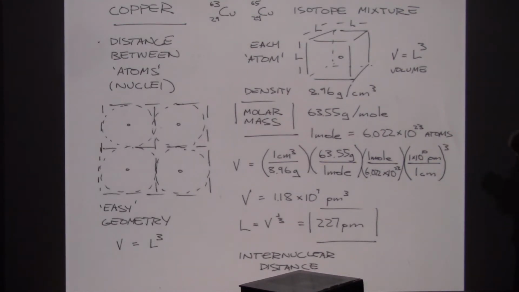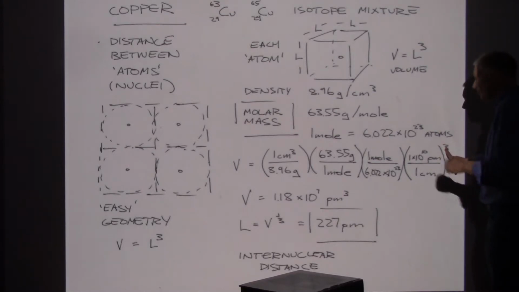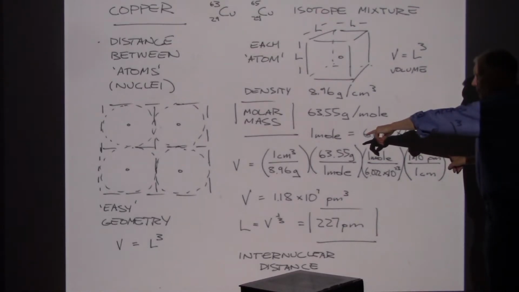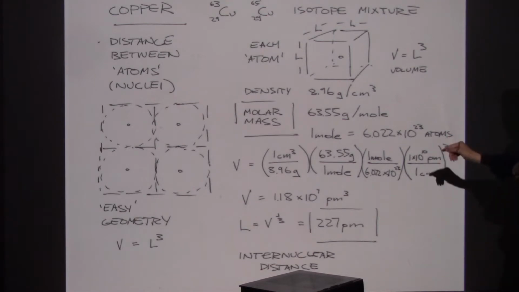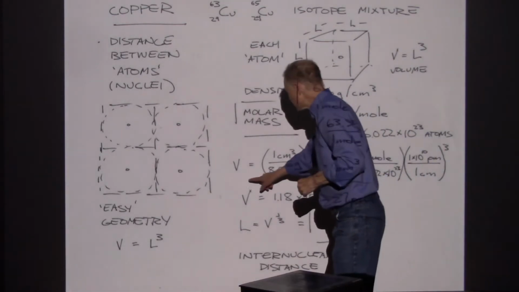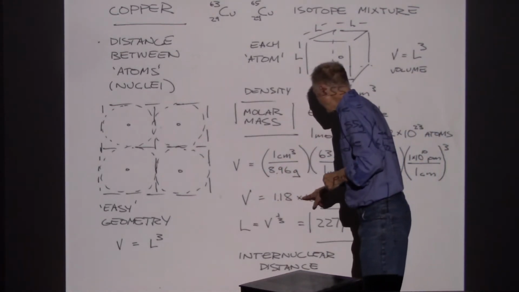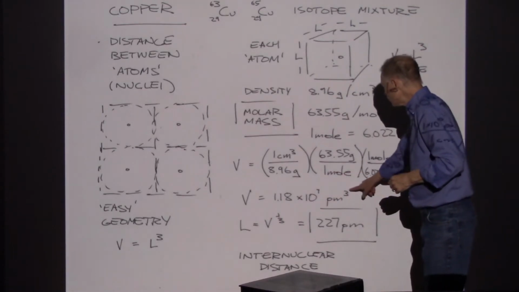Picometers are 10 to the minus 12. And so I ended up with 10 to the 10th picometers is equivalent to a centimeter, and then I cubed it. Because there are 3 factors of centimeters, I need 3 factors of that conversion number. When I carried out the calculation, it said the volume for each atom would be 1.18 times 10 to the 7 cubic picometers.